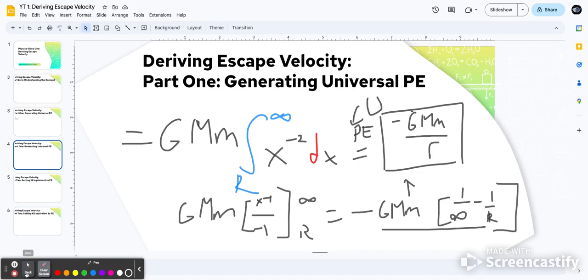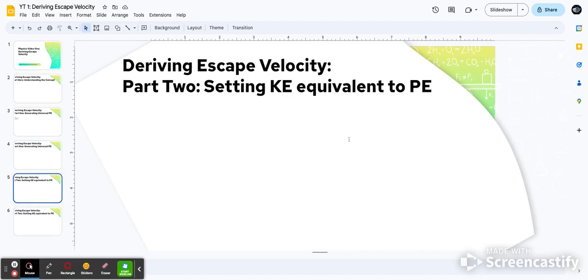Now let's move on to setting the kinetic energy equivalent to the potential energy. In order to escape from the surface of the planet, the kinetic energy of the body has to be equal to the work done against gravity going from the surface to infinity.